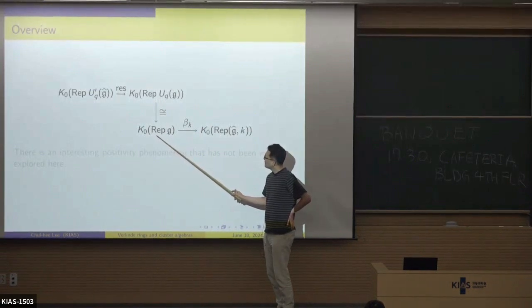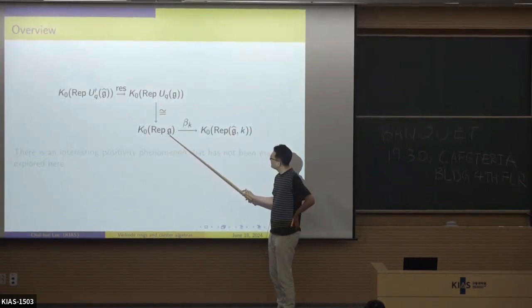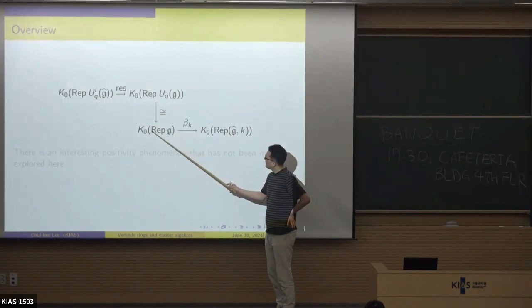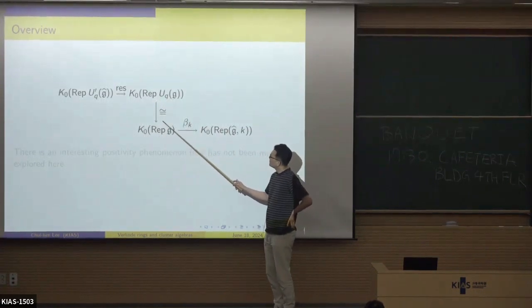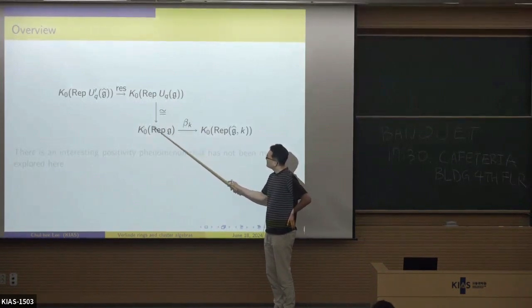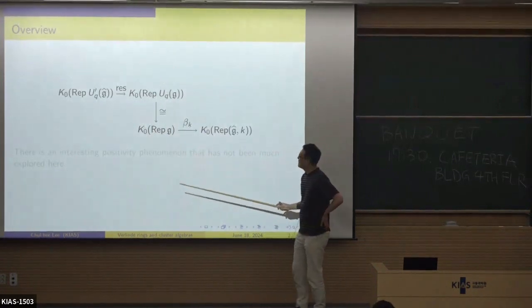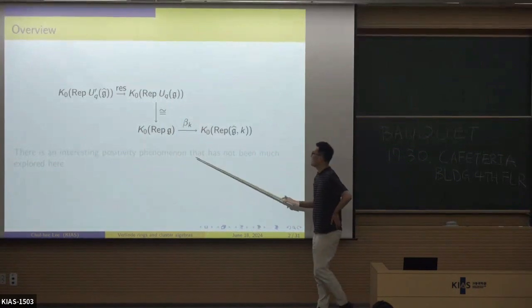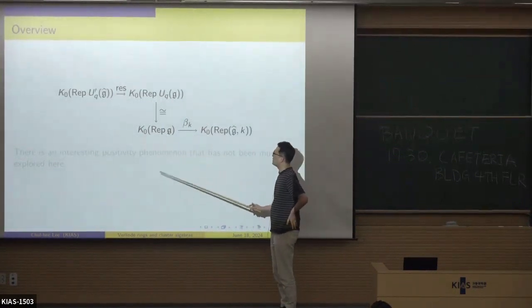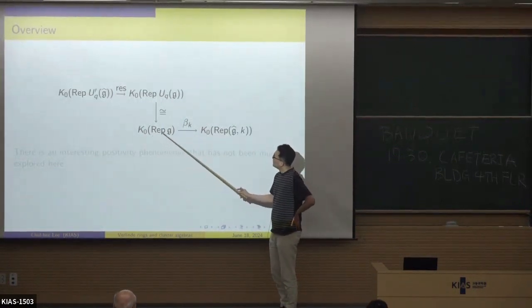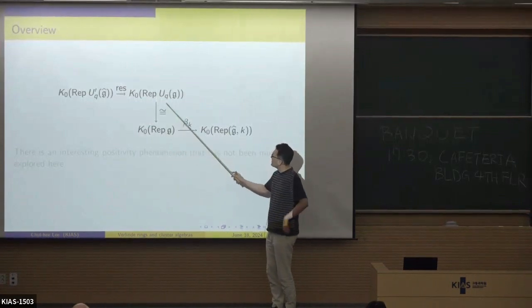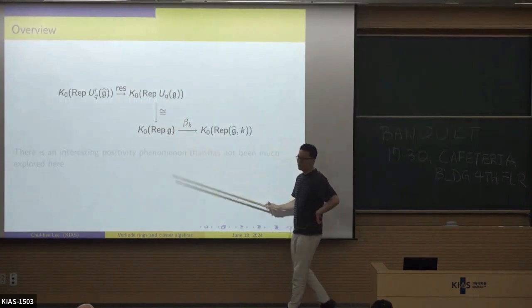When we learn representation theory for the first time, maybe after finite group theory, we learn finite dimensional representations of simple Lie algebras, and this is the category of finite dimensional representations. And one of the basic results in here is there's an isomorphism between these 2 rings.